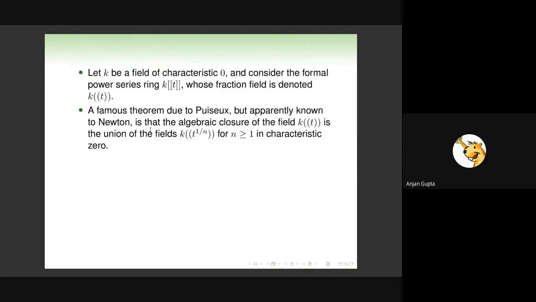I want to see the equation of integral dependence of the power series 1/(1 - T^(1/n)), which is 1 + T^(1/n) + T^(2/n) + T^(3/n) and so on. Can you tell me the equation of integral dependence of this element over the power series ring in T?